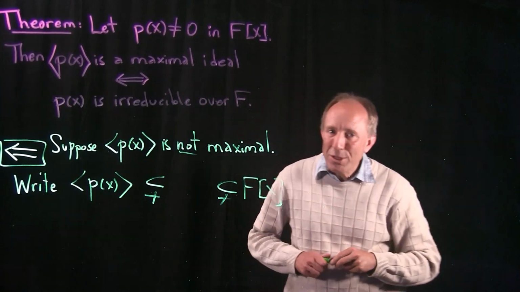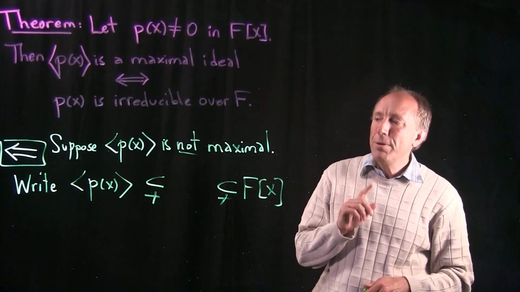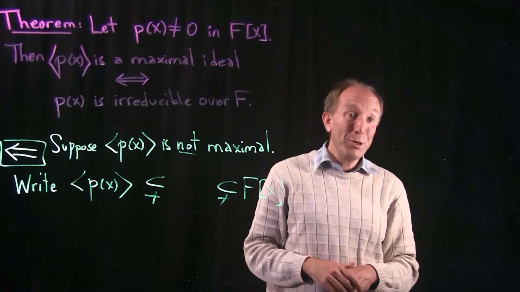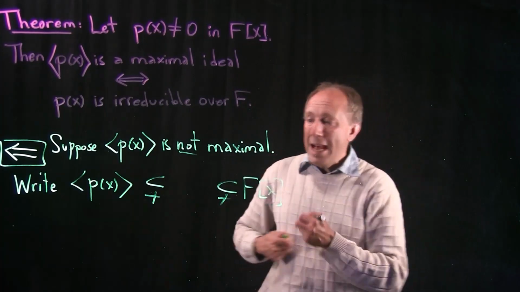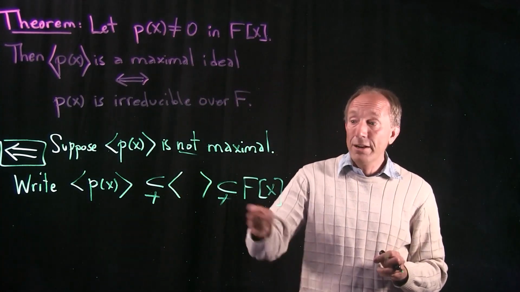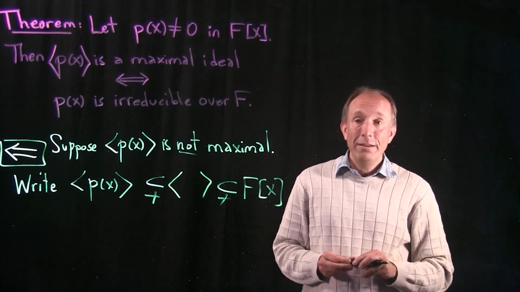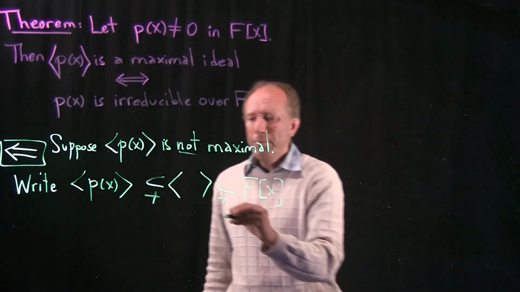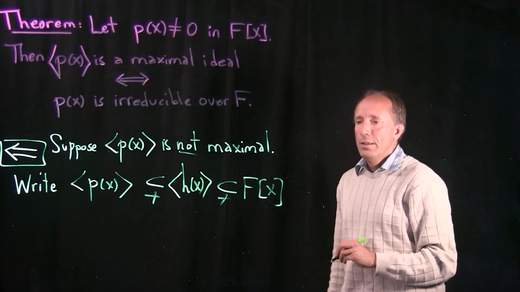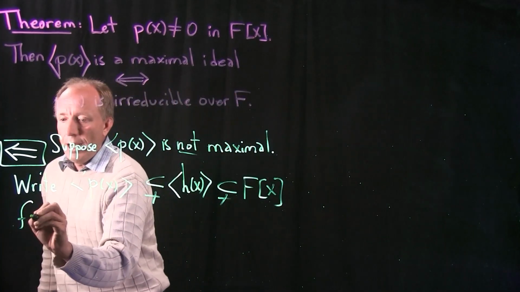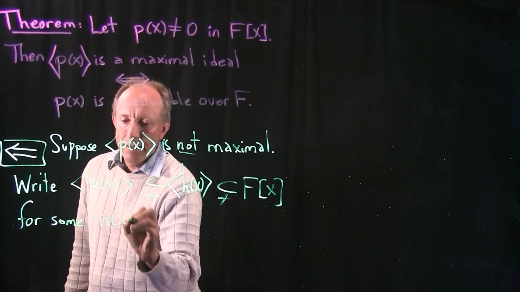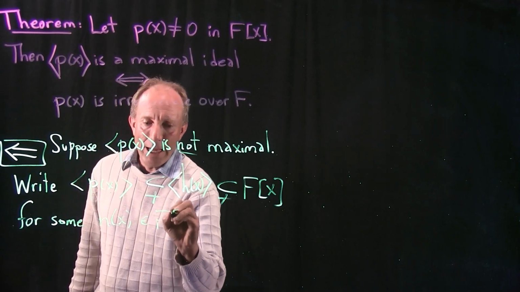But let's remember that all ideals in F of x are principal. That means that whatever this ideal is that I'm going to put in here should have a polynomial generator. Let's call it h of x again, for some h of x, an element of capital F of x.